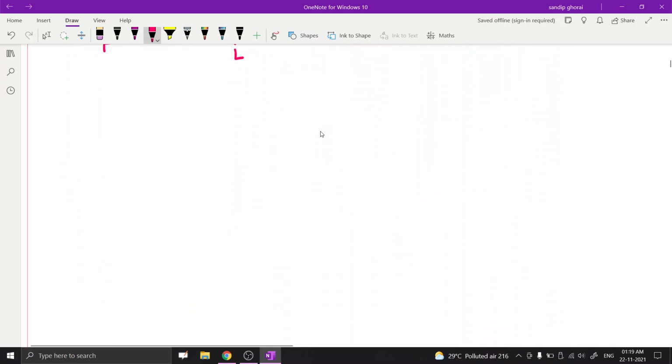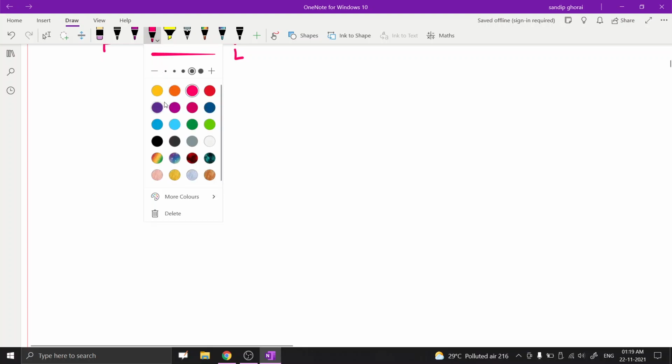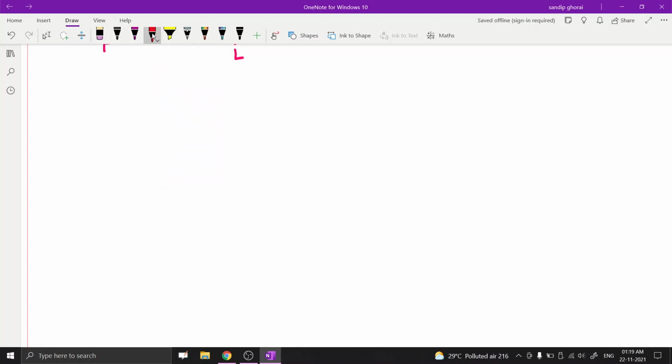Now we move to our next question. Question number 1: suppose load is equal to 10 Newton and effort is equal to 2 Newton, then what is its mechanical advantage?